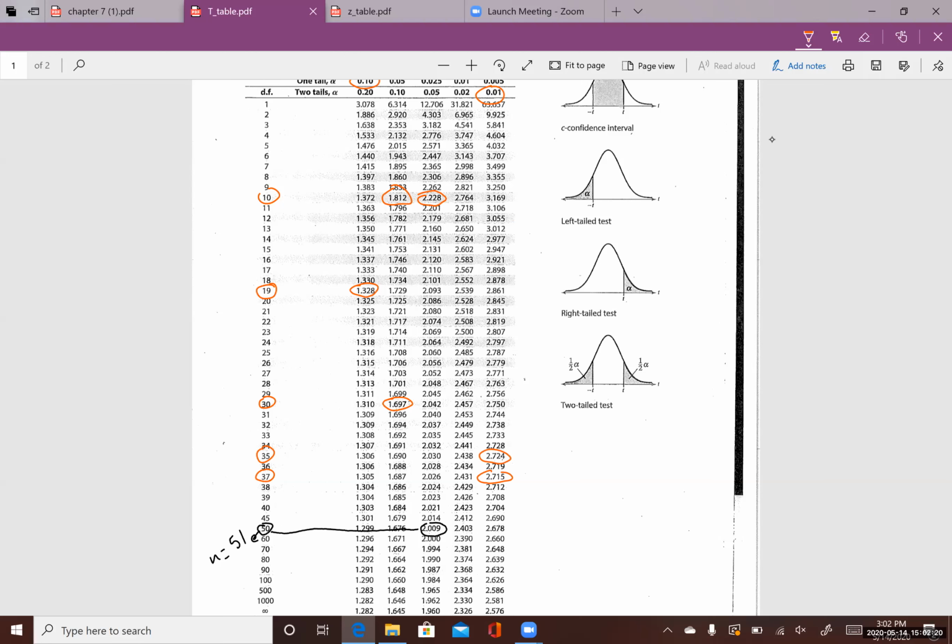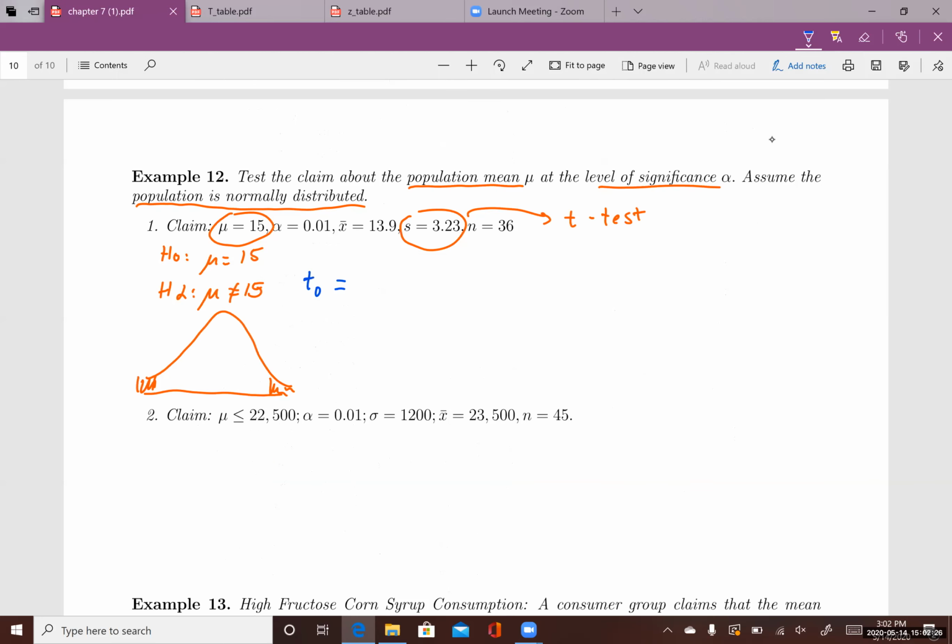So these are the critical values for this hypothesis test: negative 2.724 and positive 2.724.